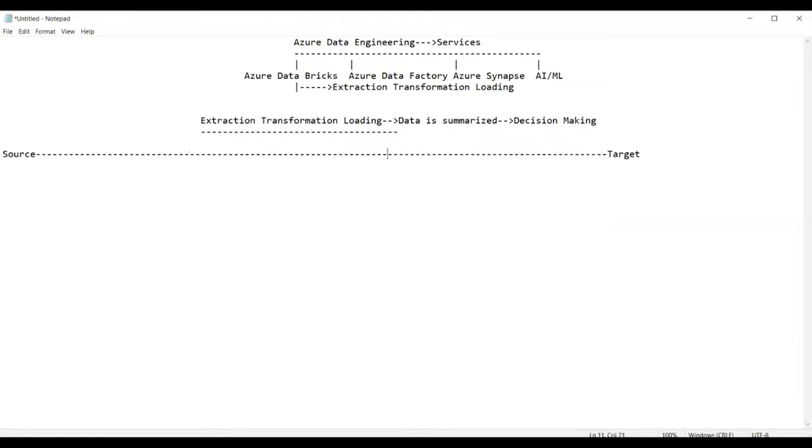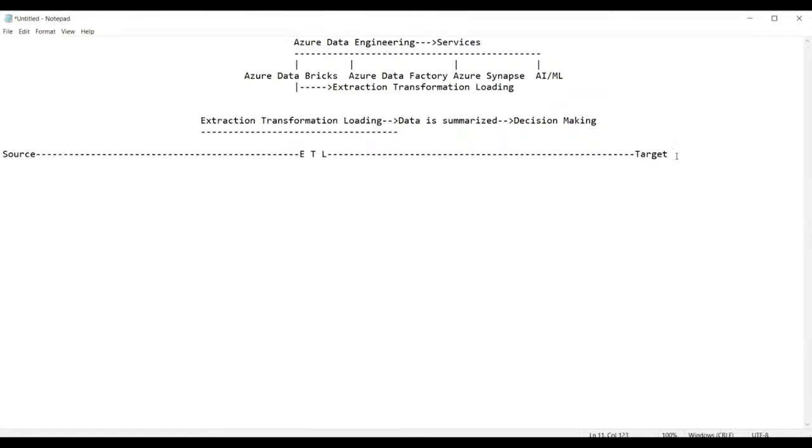Between the source and the target, this process of ETL is always applied, irrespective of whatever service we use. ETL is a process where the data is summarized. Now, what is the source and what is the target? Let us try to understand this, guys.